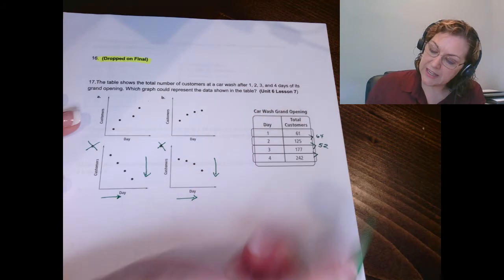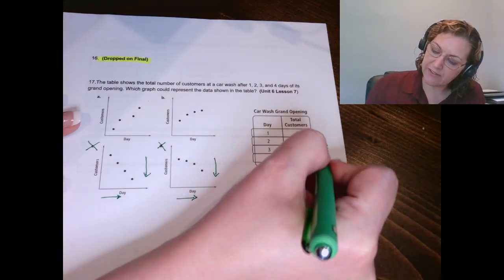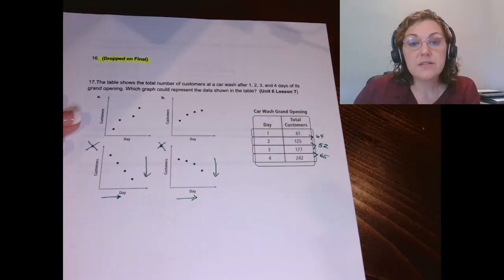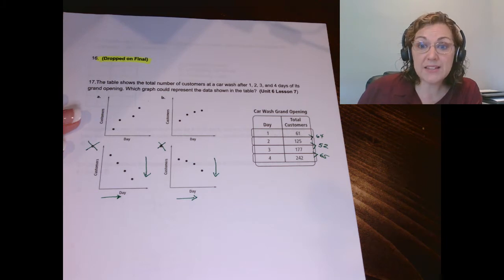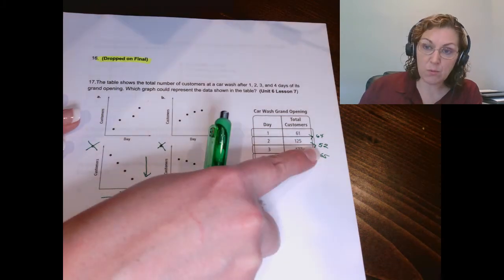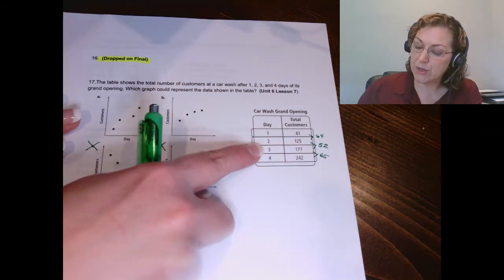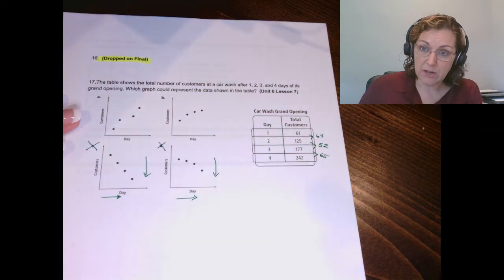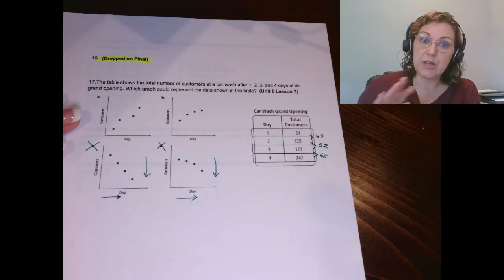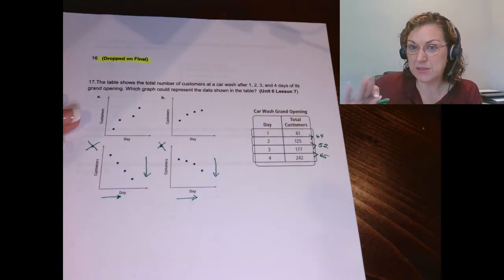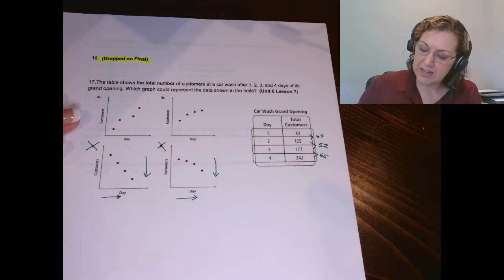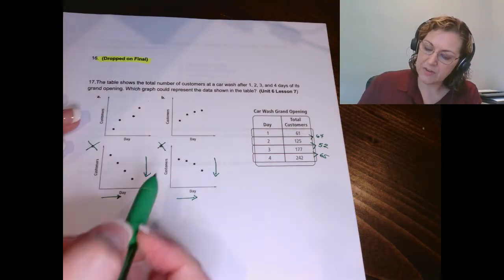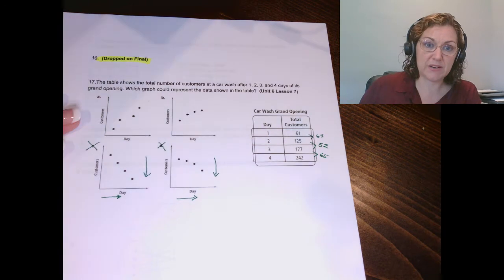And the difference here is 65. So my idea is that I'm going up by quite a bit. Now, the least amount that I went up by was between days 2 and 3. But then I went back up by 65. So which of them shows the least amount of increase between days 2 and 3? Is it from here to here, or is it from here to here?